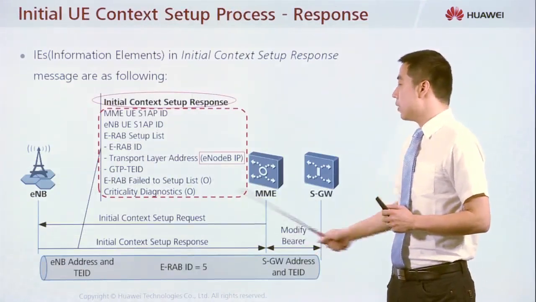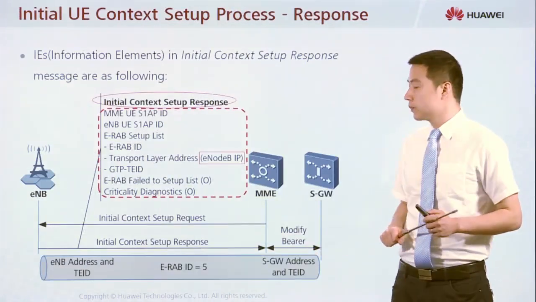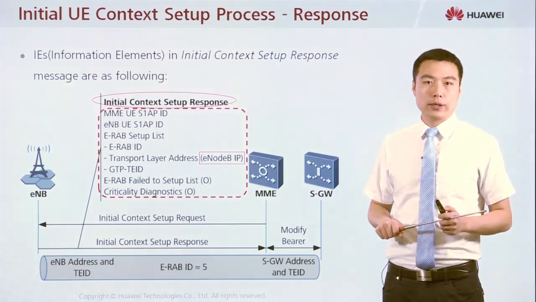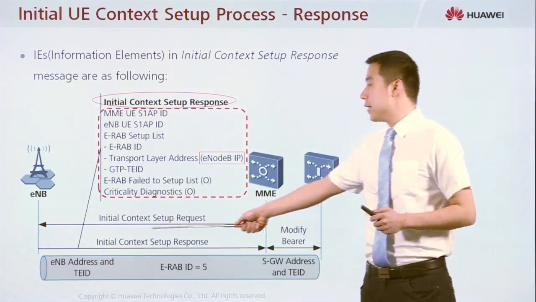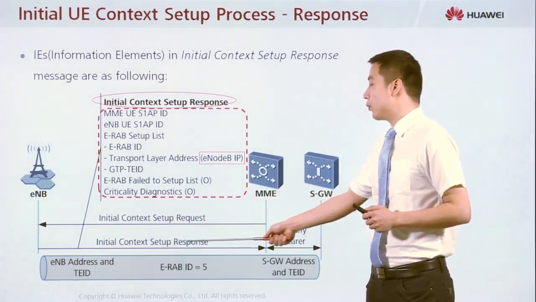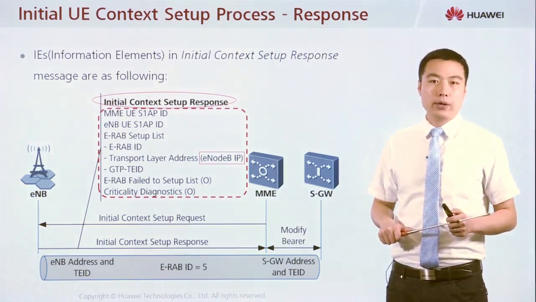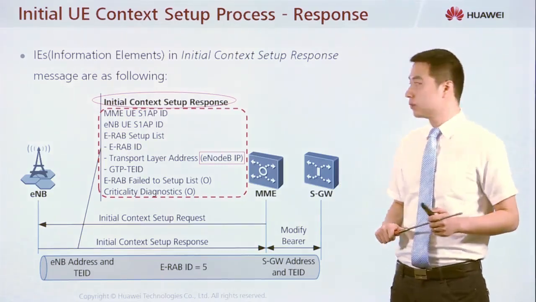And this is the response message. After the eNodeB finishes the radio resource allocation, the eNodeB will send the initial context setup response message to the MME, which means the default bearer setup is finished.